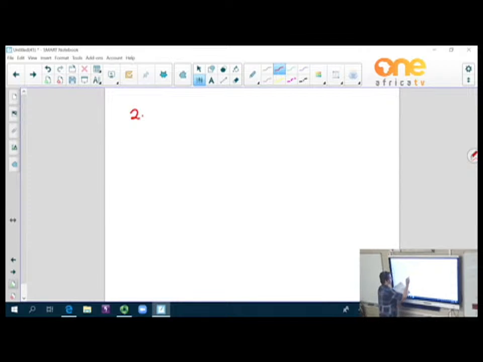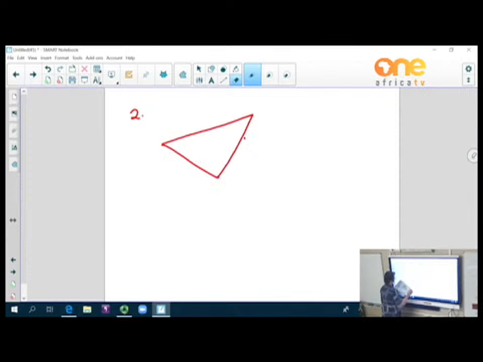Now, there you have a picture looking like that. Let's redraw it. It's not a right angle triangle there. It looks like this. And then they formed right angle triangles everywhere there, so that we can see what's going on.